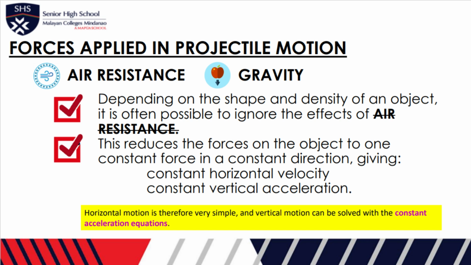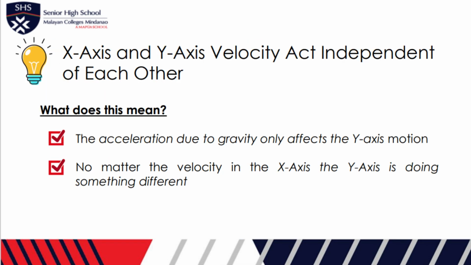And for you to understand it more, let us consider the x and y axis. X-axis and y-axis velocity act independent of each other. What does this mean in projectile motion?